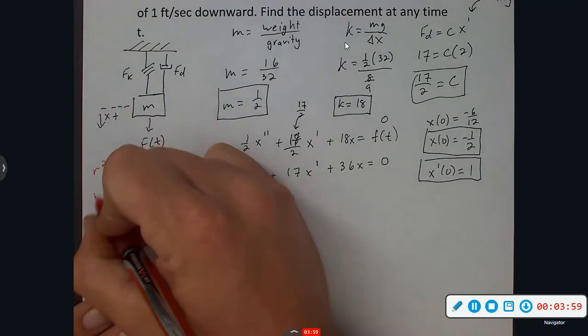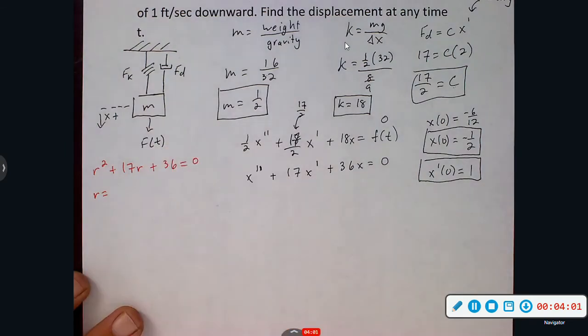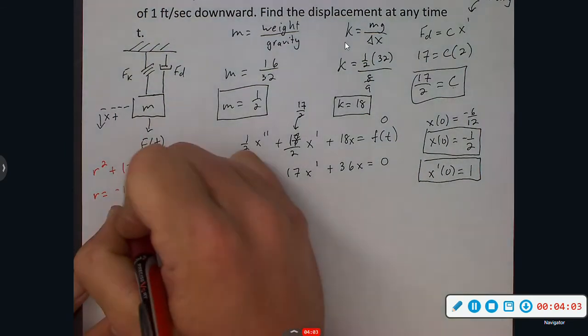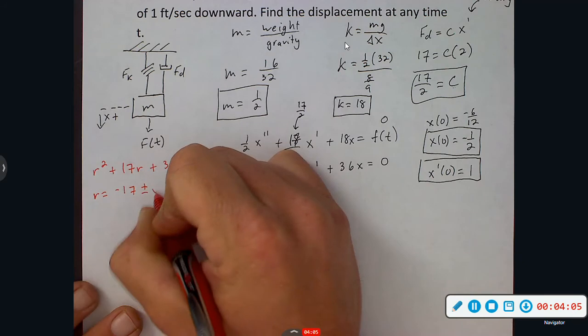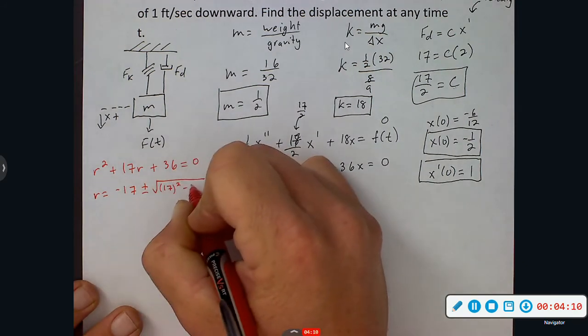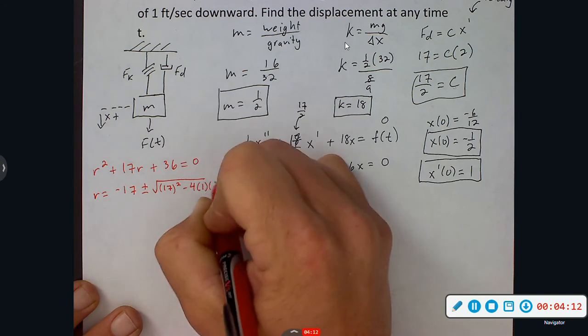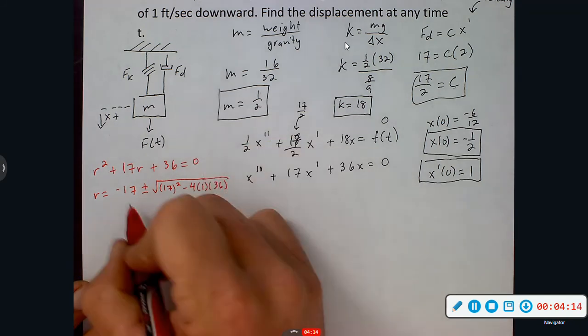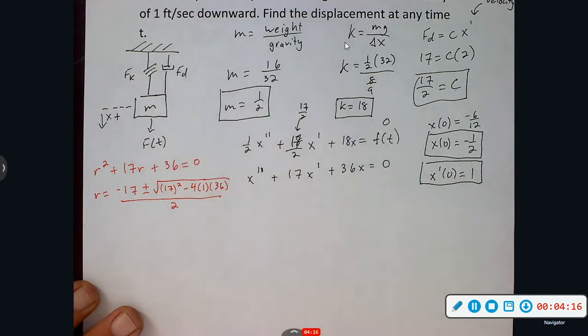So r equals negative b, negative 17, plus or minus the square root of 17 squared minus 4 times 1 times 36, all over 2 times 1, which is 2.